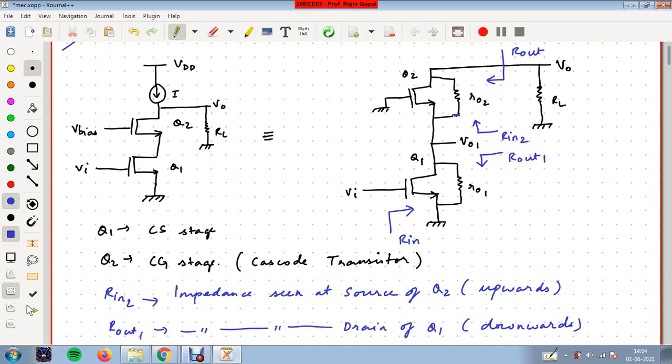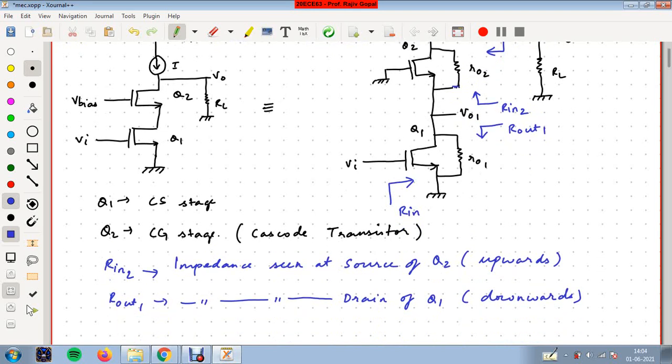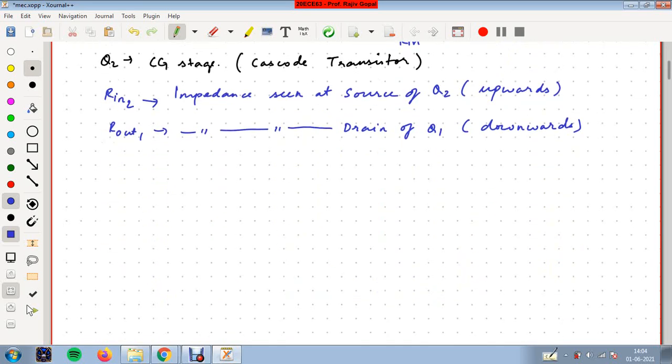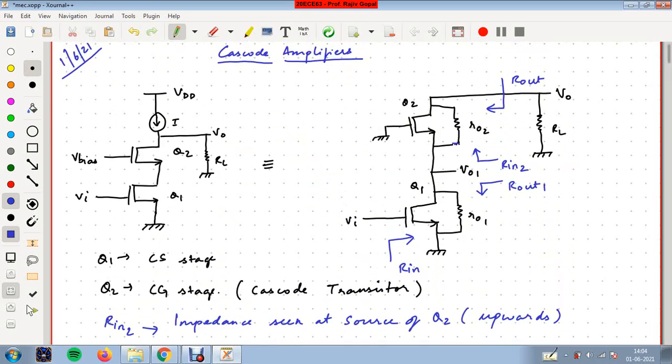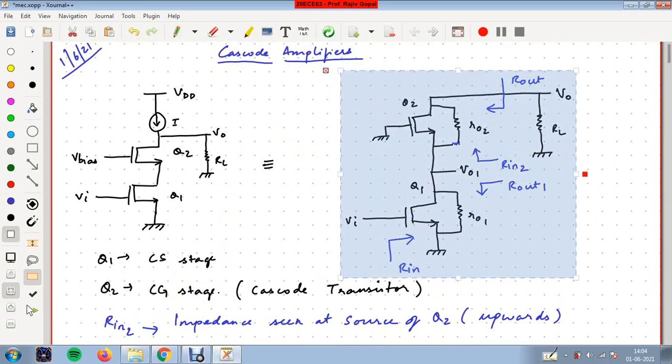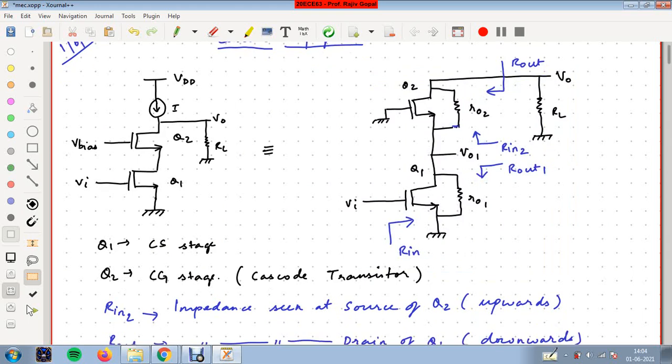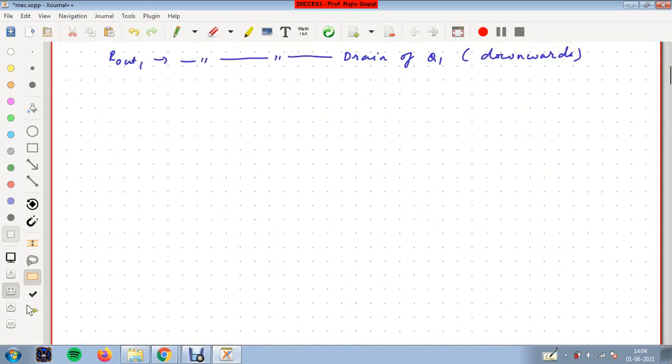First, let us look at Rin2. Let me copy this just for when I need it, and paste it here.